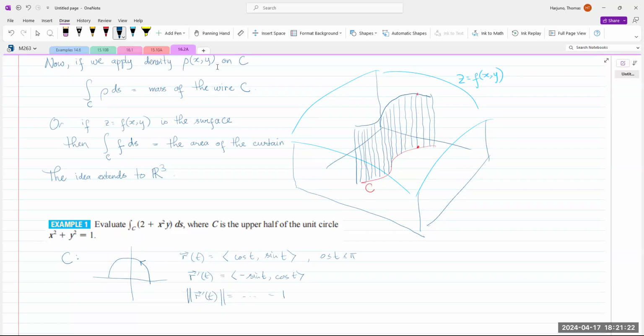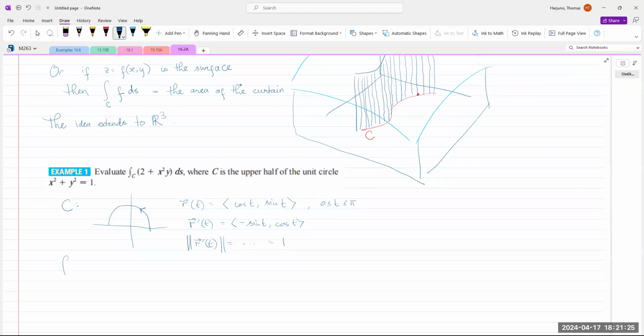So you will see the integral over C of (2 + x squared y) ds. Pay attention to this ds. It's not dr, it's not dx, it's not dy, it's ds. Because we see that ds, we need to find what ds is, which is the magnitude of r'(t) dt. We know the magnitude of r'(t) is 1, so this is basically dt. Now t goes from 0 to pi, not to 2 pi.